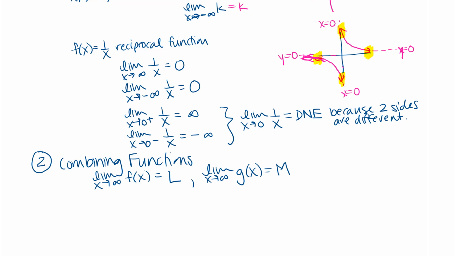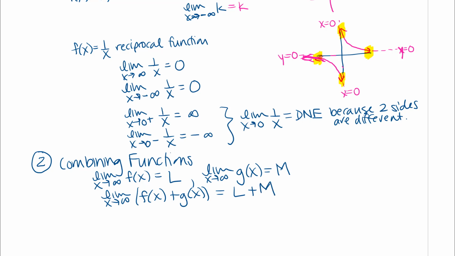I'll just do addition here. So the limit as x approaches infinity of f of x plus g of x, that limit is what you would hope it is, L plus M.